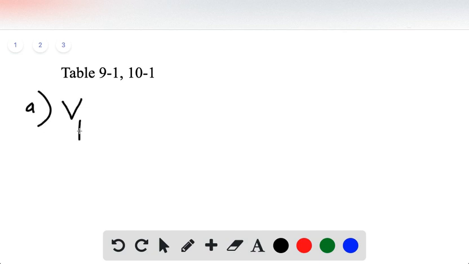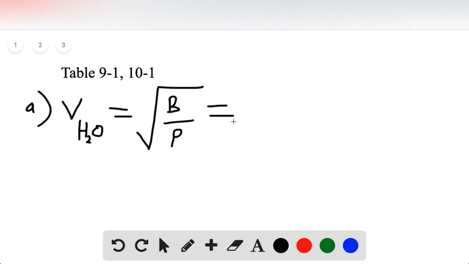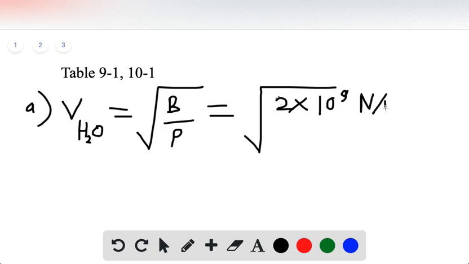For water, subscripted with H2O, which is the chemical symbol of water, the speed of longitudinal waves moving through water is equal to the square root of bulk modulus B over density rho, which is equal to, from those tables in the book, the bulk modulus is, sorry, that was not 9, that's a 2 times 10 to the 9 newtons per square meter.